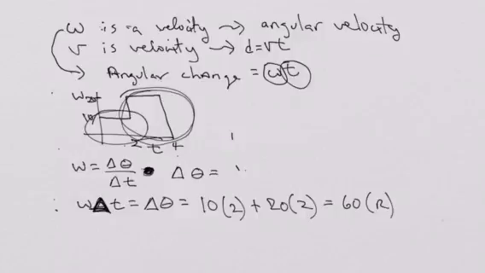The question is how many revolutions? And that's going to be 60 radians over 2 pi, since each revolution is 2 pi radians.